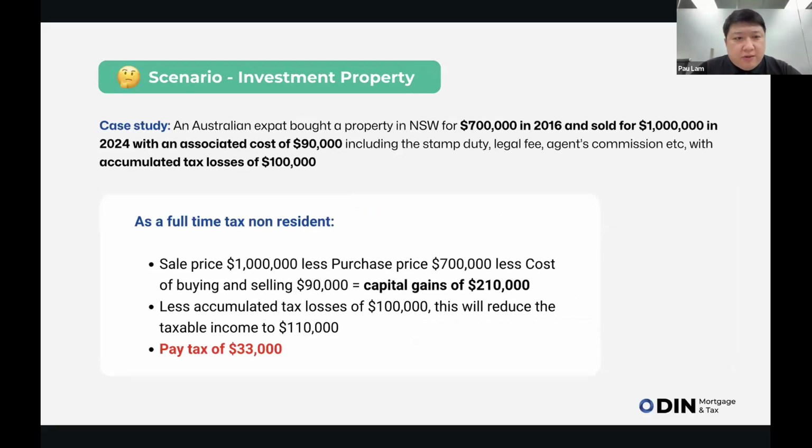Let's say we have an example here on an investment property, an Australian property. An Australian expat bought a property in New South Wales for $700,000 in 2016 and sold it for $1 million in 2024, with associated costs of $90,000, including stamp duty, legal fees, agent commission, etc. The Australian expat also has accumulated tax losses of $100,000, because the property has been running in a negative gearing position, and he has been able to claim some of the tax losses previously when he owned the property.